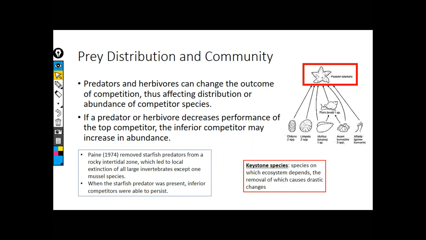We think about being a tertiary consumer. When you are adding in a tertiary consumer, you're affecting the whole chain of events that happens below. You're adding a new competitor, or just plain a new predator. So you're going to affect the distribution or abundance of species.